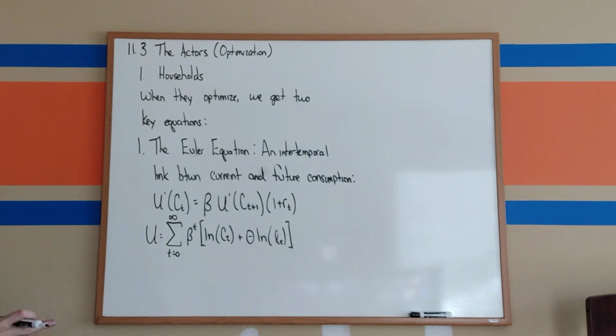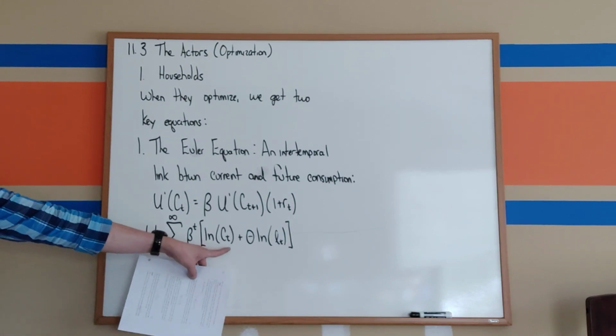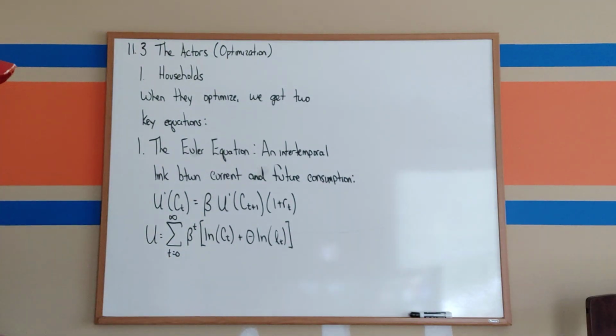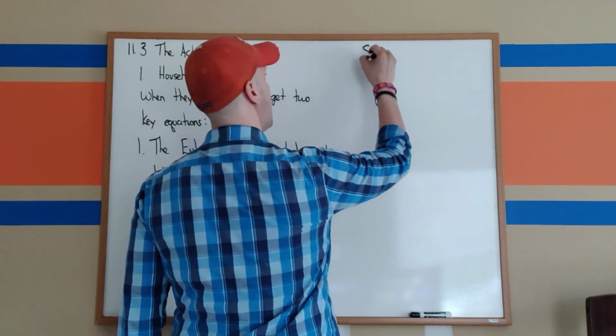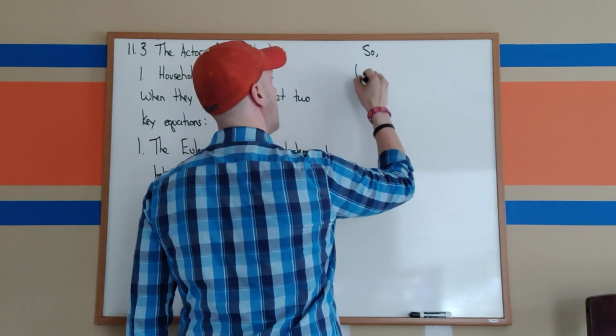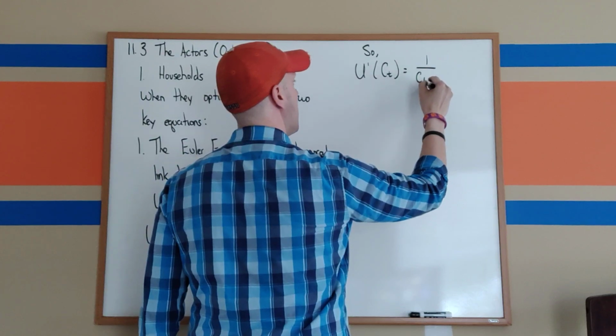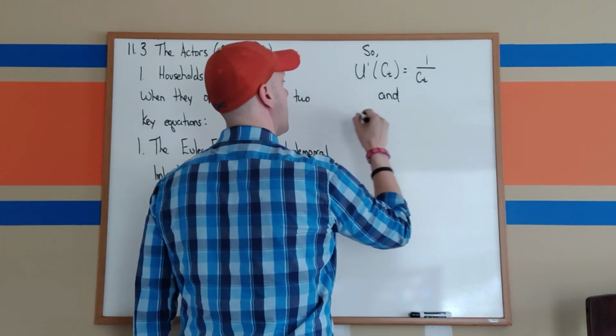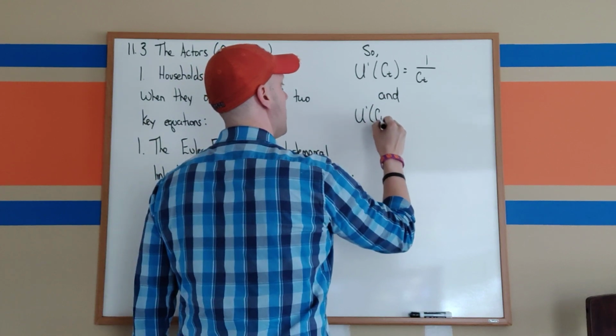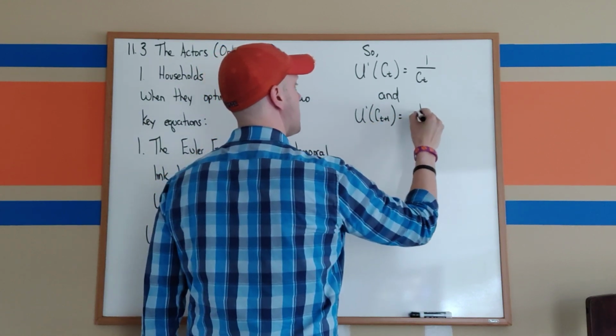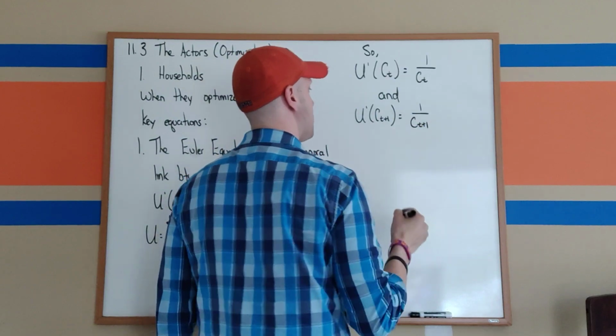All right, so the functional form was log utility. So, without getting too far into the calculus, the derivative of the natural log of consumption is just 1 over consumption. So the marginal utility of future consumption would be 1 over future consumption, or 1 over C_t+1.